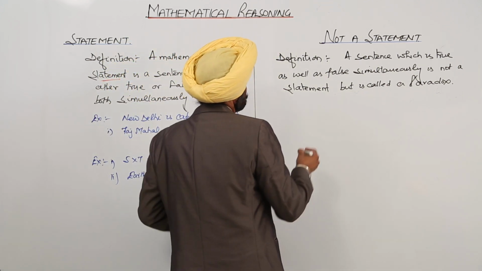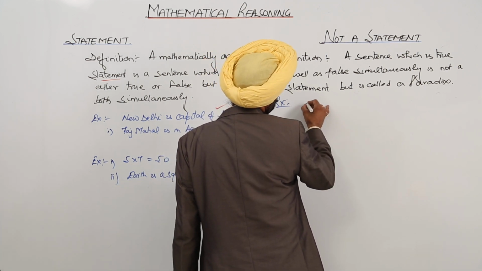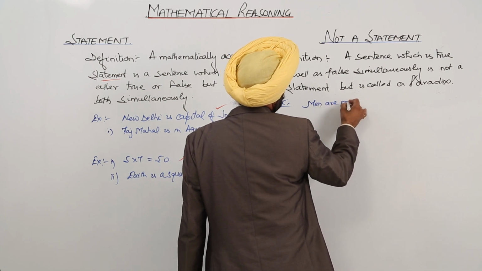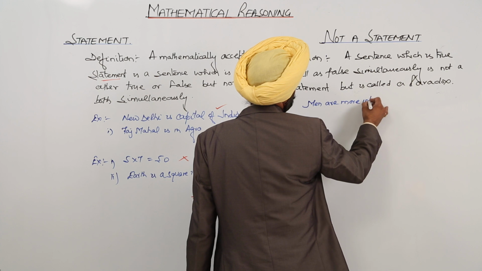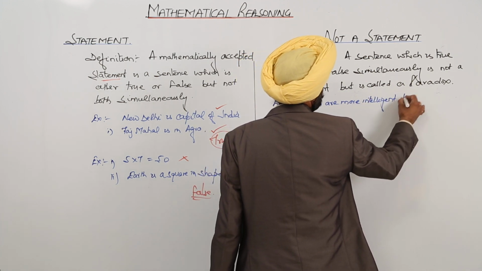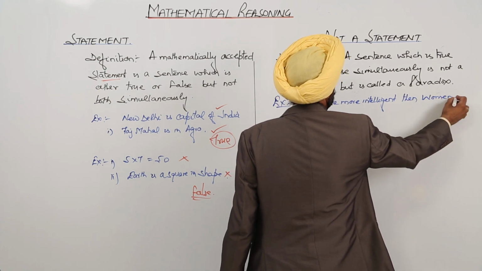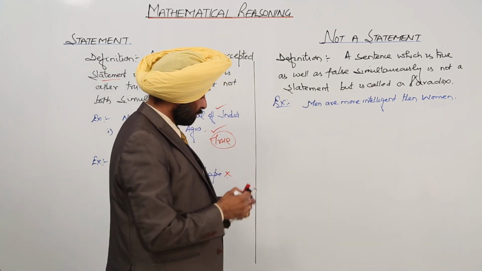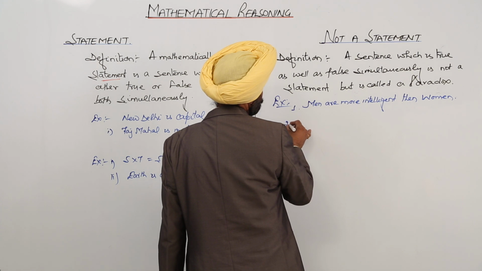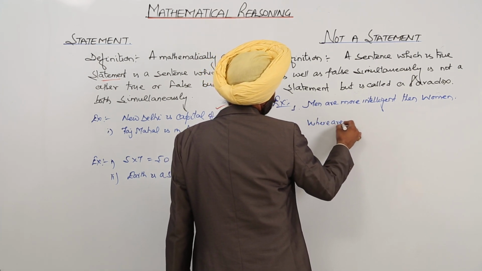Example: men are more intelligent than women. First thing. Then: where are you going?